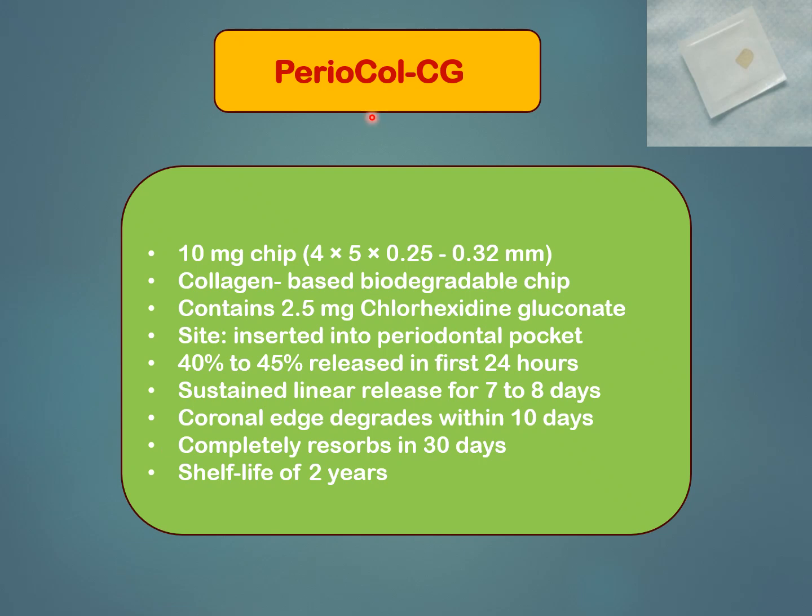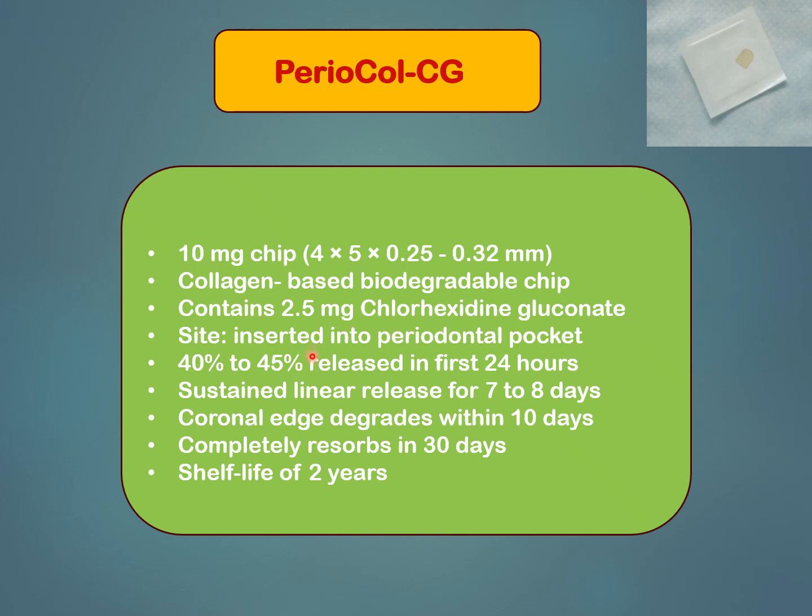So next we have is Periocol CG. So it is a 10 milligram chip with a dimension of 4 by 5 by 0.25 to 0.32 mm. So this is a collagen based biodegradable chip which contains 2.5 milligram of chlorhexidine gluconate.